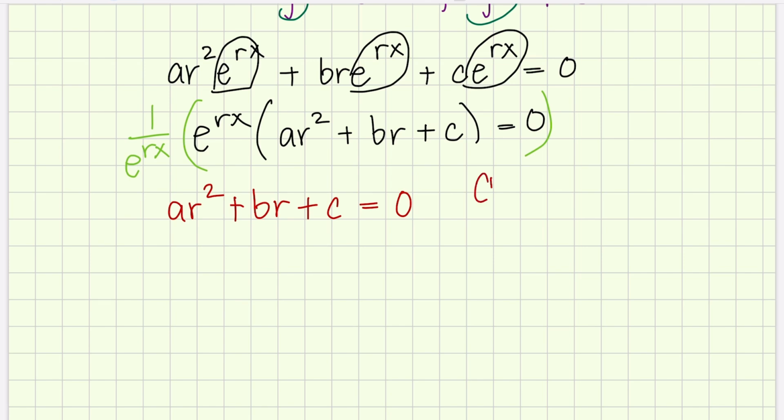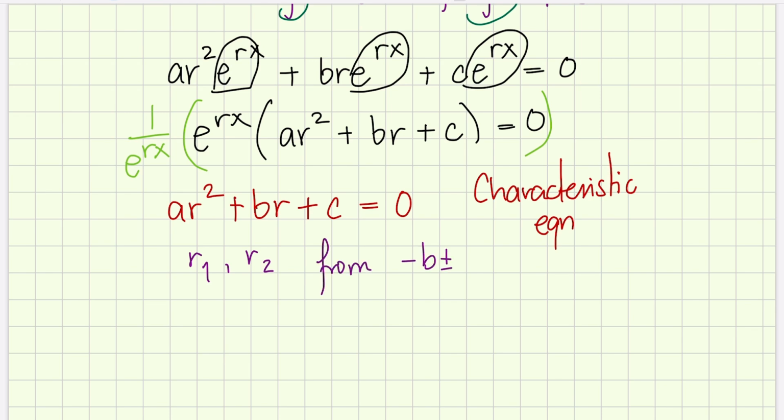And this is what we call the characteristic equation for solving second order homogeneous equations with constant coefficients. Now if you solve this, you will get two roots, namely r1 and r2. And you can get these from the quadratic formula.